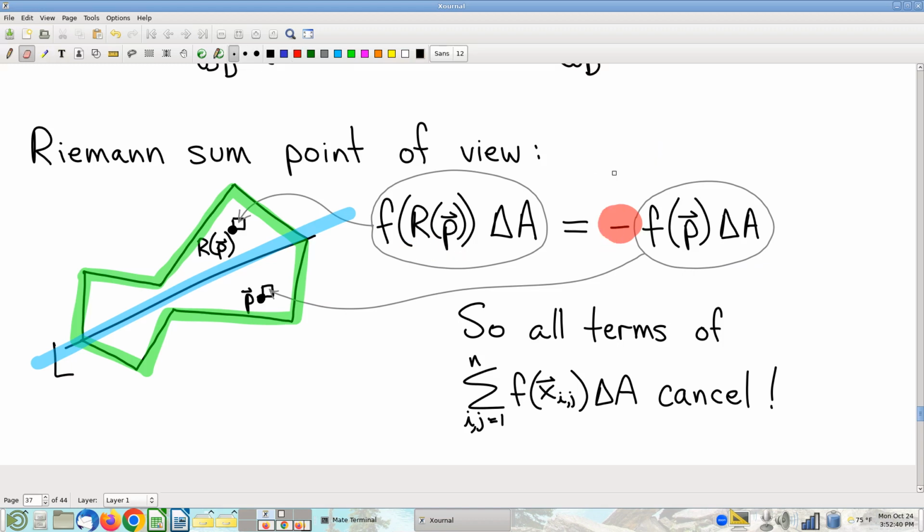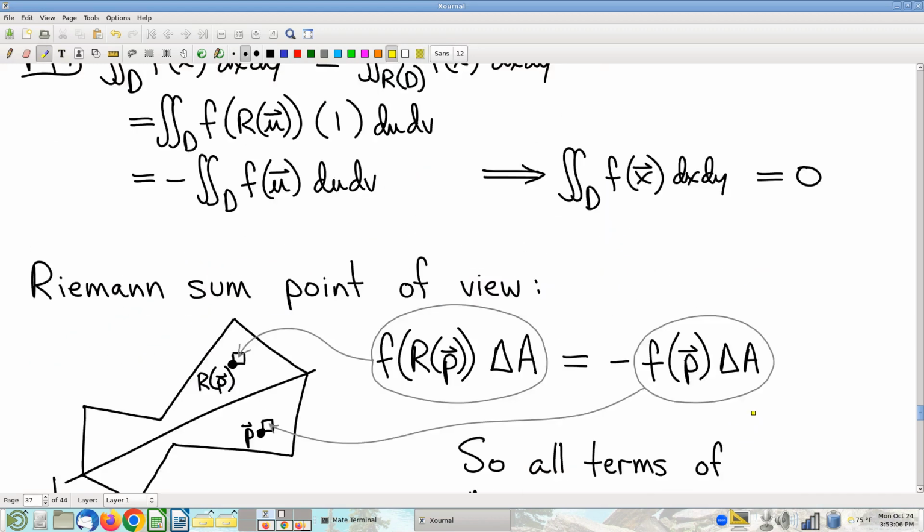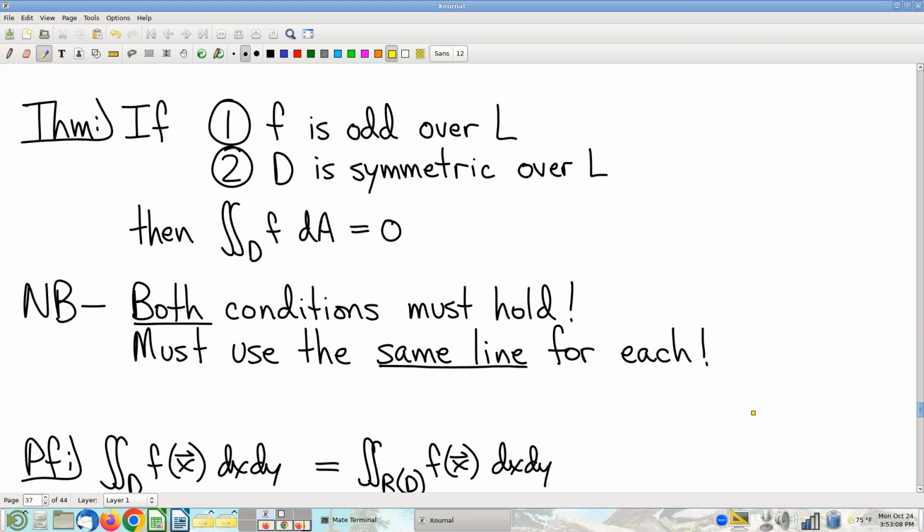And so again, this term in the summation and this term in the summation cancel with each other. Likewise for all other terms in the summation, every term corresponds to a piece that has a reflected piece that it cancels with. And so everything disappears and we're left with 0. Okay, so pick your favorite point of view on this, but that's why this theorem is true.